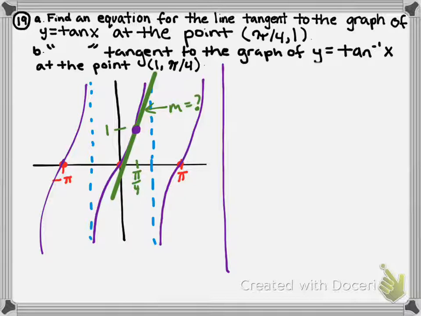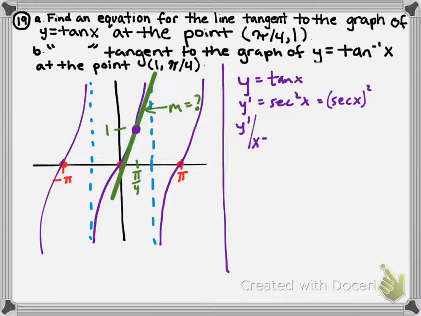And to get the slope, we need to find y prime. So if y equals the tangent of x, y prime is the secant squared of x. It's a little easier to figure out if we write it as secant of x, quantity squared. What we really want here is y prime when x is equal to pi over 4.